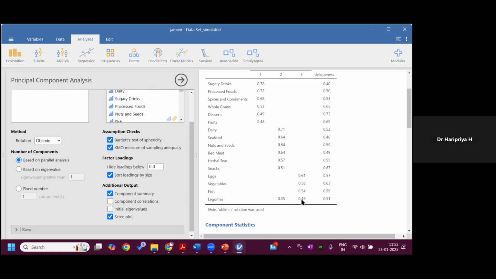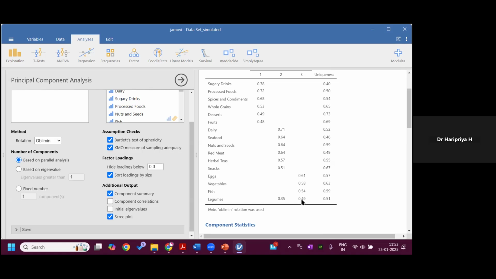And what if it is exactly 0.2? Then it is up to you, wherever it is suitable. Generally we say more than 0.2, and if it is up to 0.2, it is up to you.